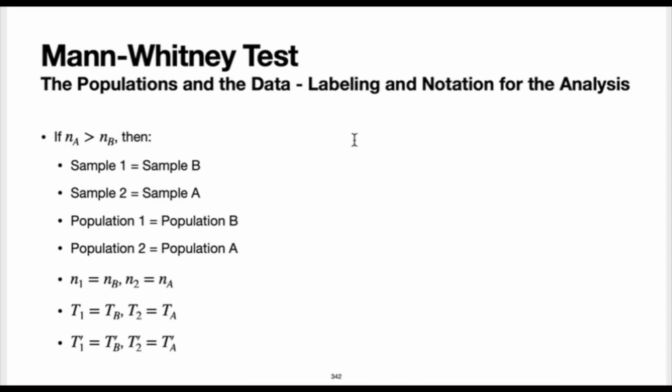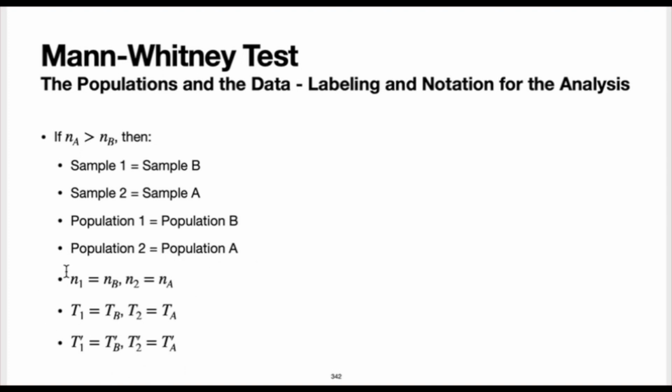On the other hand, if n sub A is greater than n sub B, then sample 1 is going to be sample B, and population 1 is going to be population B. And then sample 2 will be sample A, and population 2 will be population A. All right, and then we have the corresponding summary statistics down here.